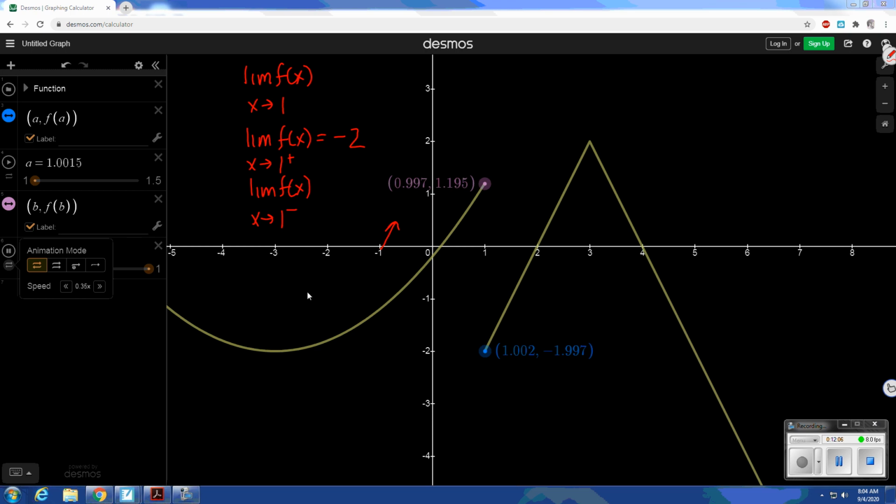We can see that they're approaching some point that doesn't look very nice and easy, but let's say around 1.18. So as we approached 1 from the left, the y values were approaching 1.18. As you can see, these two points are not equal to each other. Therefore, because the one-sided limits are different, the two-sided limit does not exist.